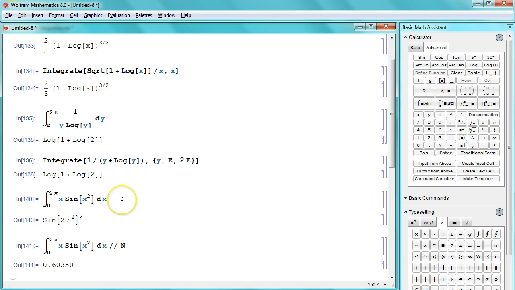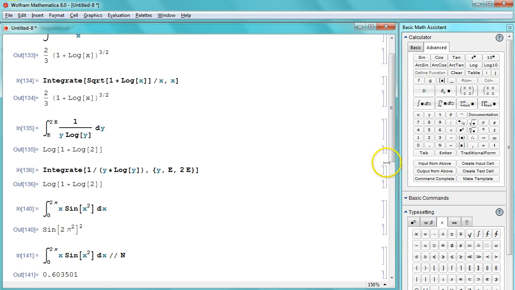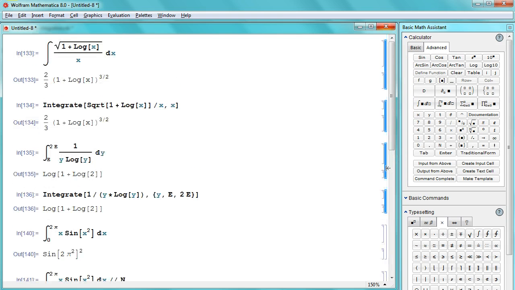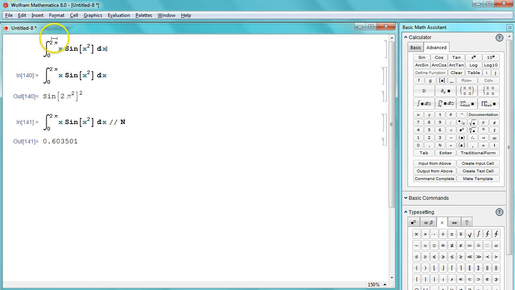Oh, what if you want to find out the indefinite integral as well? There are too many things on top, so let's erase all these. What if you want to find out the indefinite integral too? Then, okay, let's copy and paste, and then just change this definite integral into an indefinite integral simply by erasing all these boxes.